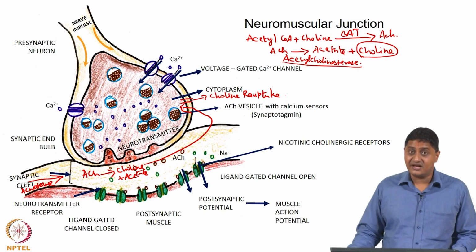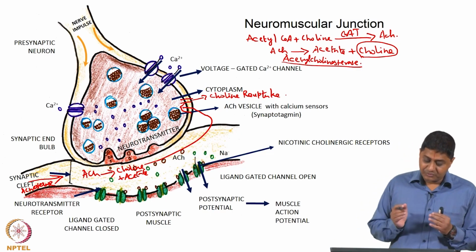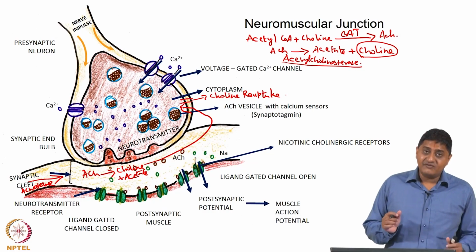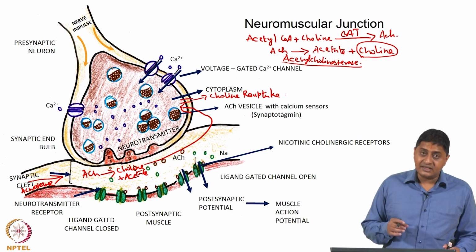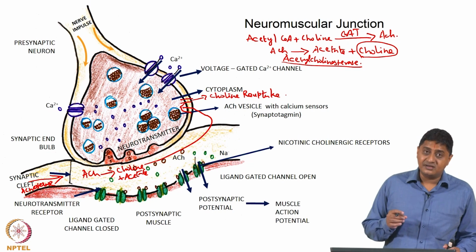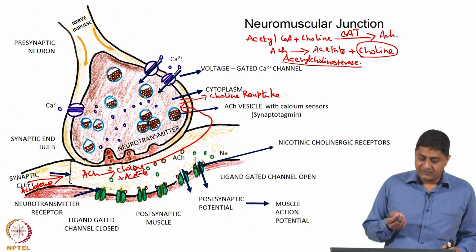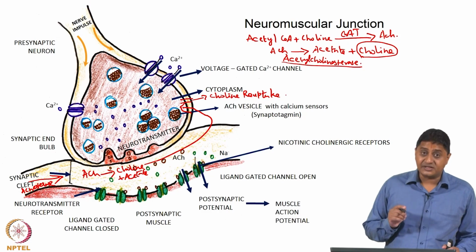So this is the life cycle of acetylcholine, and this acetylcholine is packed into bags called vesicles, such that whenever one vesicle is opened, all the molecules of acetylcholine in that vesicle are released. The idea that acetylcholine release happens in discrete quanta, where each quantum describes one vesicle, was first described by Bernard Katz, and for that he received a Nobel Prize.